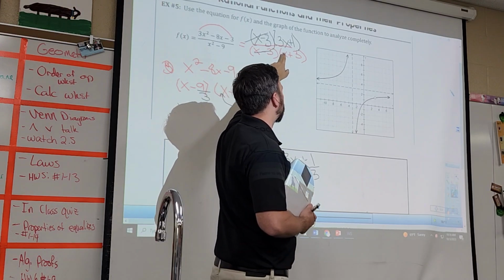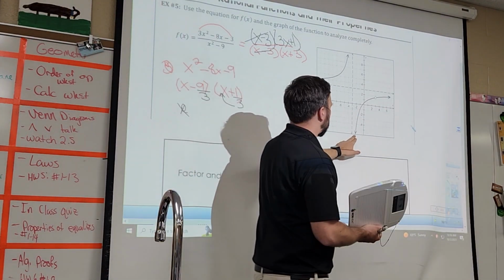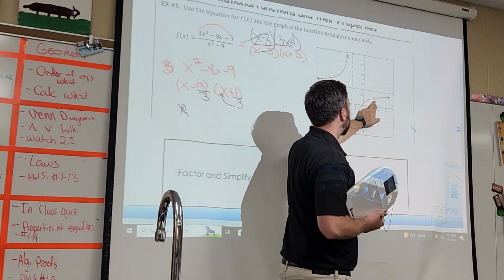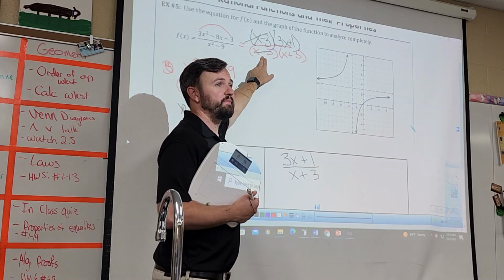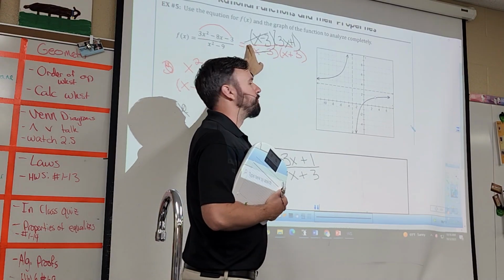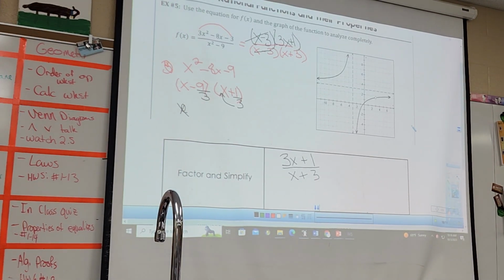Because I can't plug -3 into the bottom, right? After -3, am I good to go until +3? Does that make sense? Yes. Remember, your domain is anything the bottom can't be. So we set the bottom not equal to 0, and that will tell us what x cannot be.